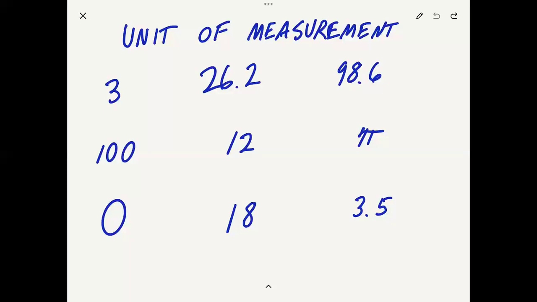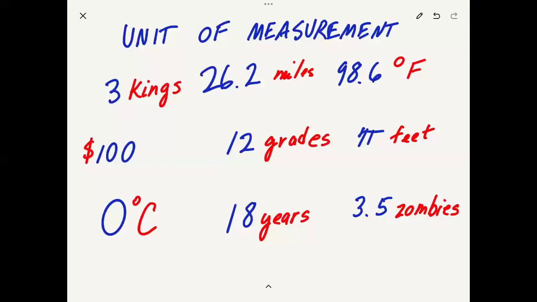They're not real until we put a unit of measurement with them. They're rational numbers, except for pi, which is irrational, but they're all real numbers technically. But when it comes to word problems, they don't become real until you put a unit of measurement with them.